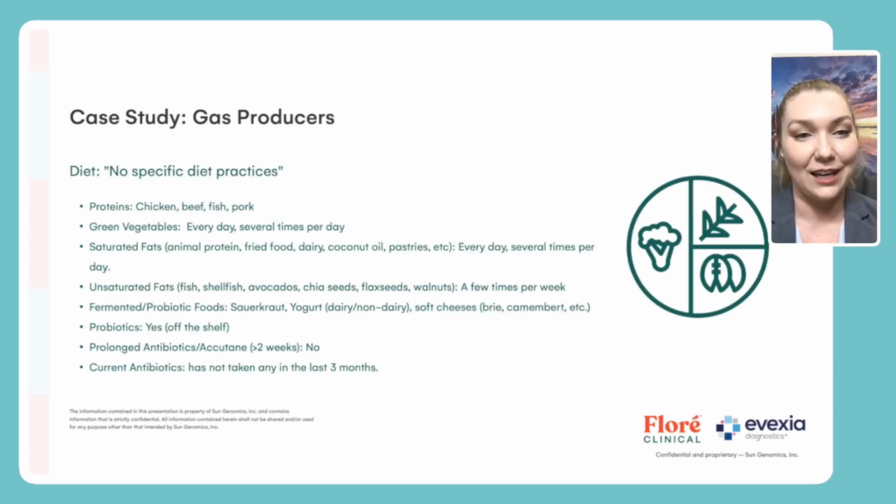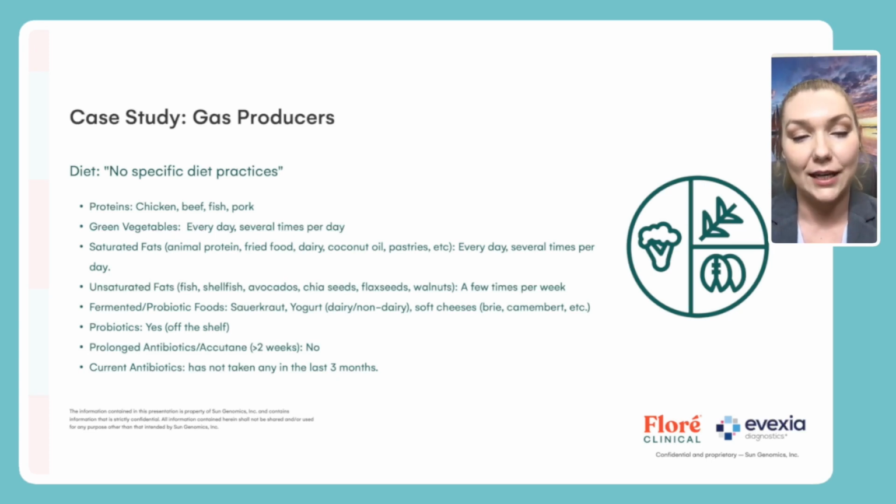Before we dive into the analysis, let's take a closer look at this patient's diet. They said no specific dietary practices, but when we asked them greater detail, we found that this patient's greatest sources of protein are chicken, beef, fish, and pork. They eat green vegetables every day, several times per day.